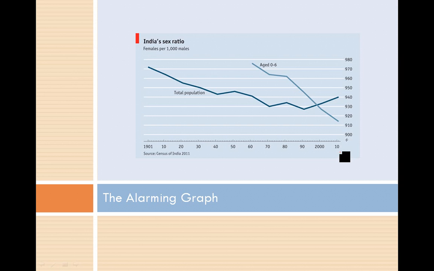This is the graph, which is of course alarming because it shows a steady decline, with small ups and downs here and there, in the sex ratio of women, and an even steeper decline, especially lately, in the sex ratio of women from age 0 to 6.